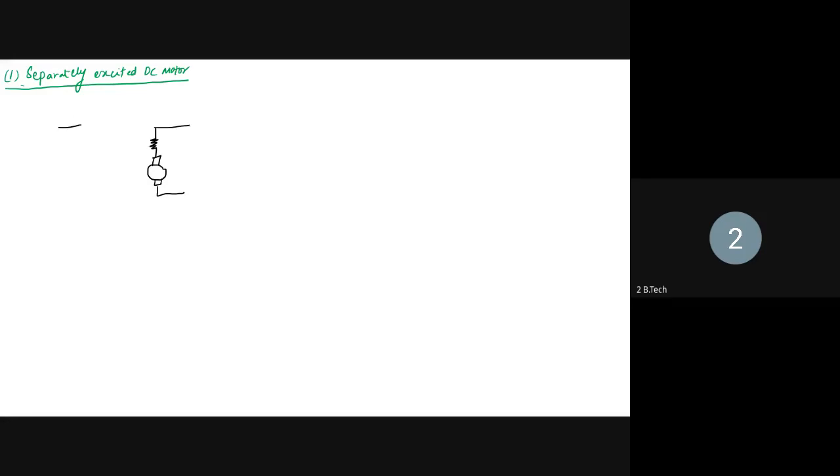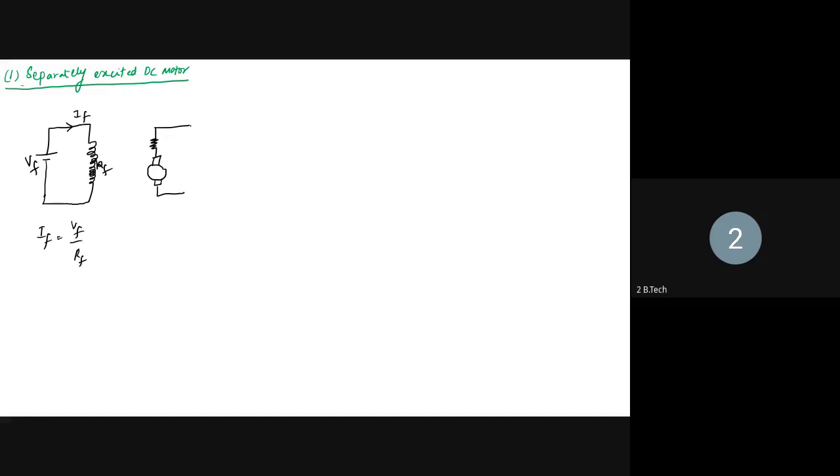And the field winding will be excited with a separate source. The field voltage VF, field resistance RF, and the field current will be IF, where IF is equal to VF divided by RF.